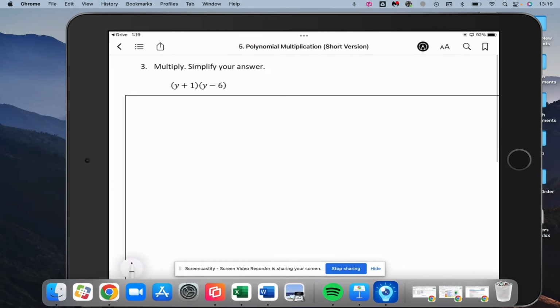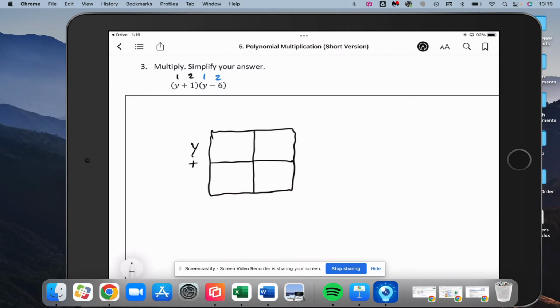Now this time, I have 2 factors over there, and 2 factors over there. So I need a box that is 2 by 2. And so we have y plus 1 over there.